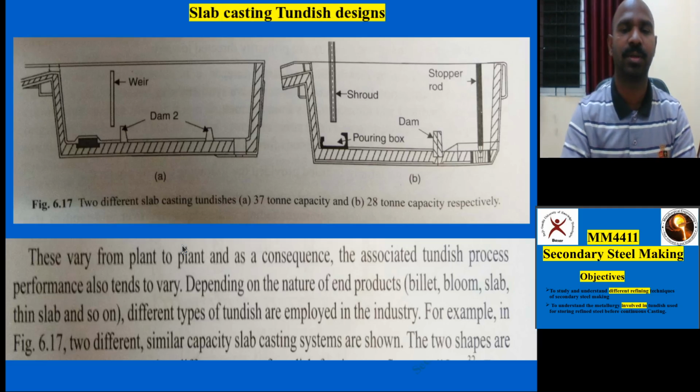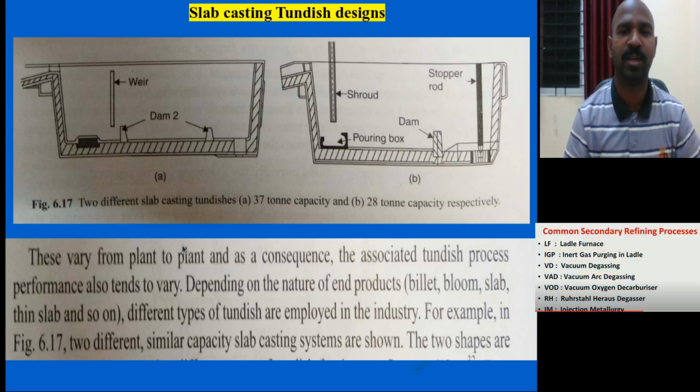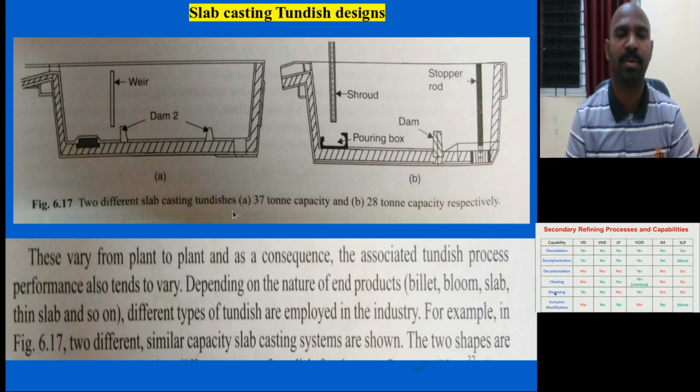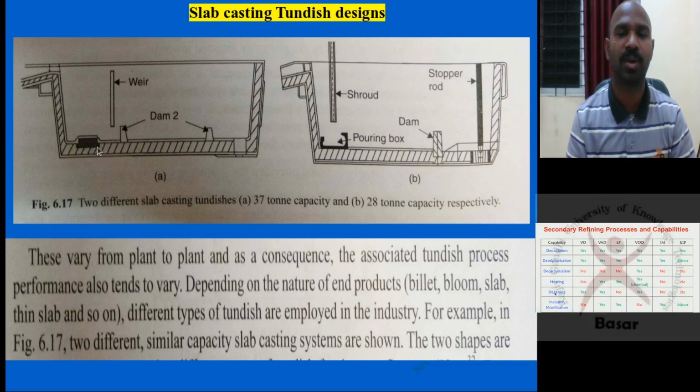Now let me talk about a few more tundish designs. For example, if slab casting needs to be produced, what kind of designs are practiced? Two different slab casting tundish vessels are shown here. This is a dummy metal.